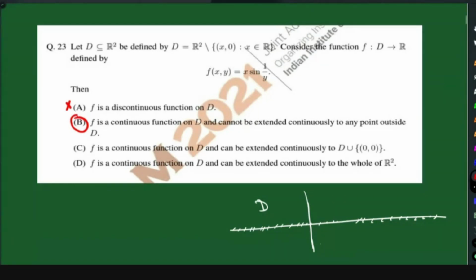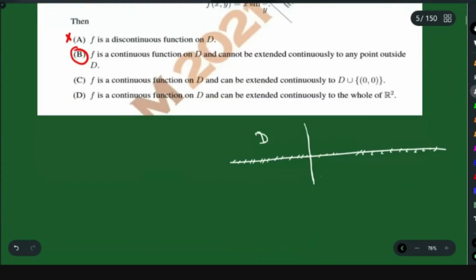So the only thing you need to look at is whether the limit at (0, 0) exists. Suppose the limit at (0, 0) exists, you can say that it can extend continuously to D union (0, 0). So you check whether the limit at (0, 0) exists. How do you check? What should be the limit? The limit as (x, y) tends to (0, 0) of f(x, y) you should find.